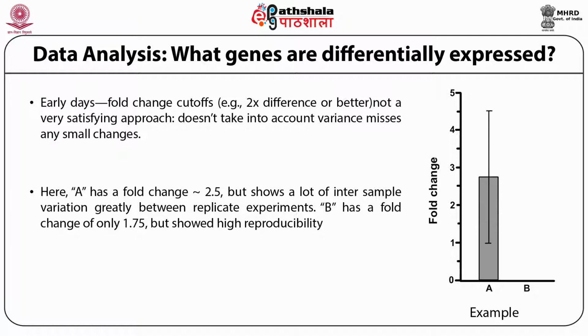In the early days, fold change cutoffs of 2x difference or better were what was used, and it was not a very satisfying approach. If we think that anything over twofold is important and anything less is less important, that is sometimes an oversimplification, because you could have a twofold change or a 2.5 fold change and still see that it actually makes a lot of difference. So don't go only with the fold change, or assume that a larger fold change means something very interesting is happening.